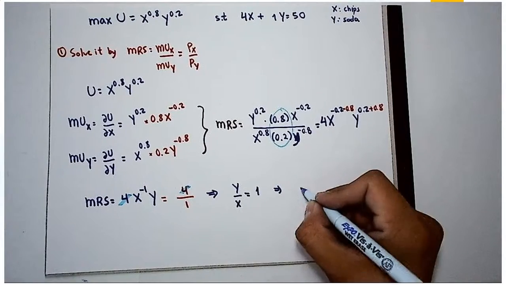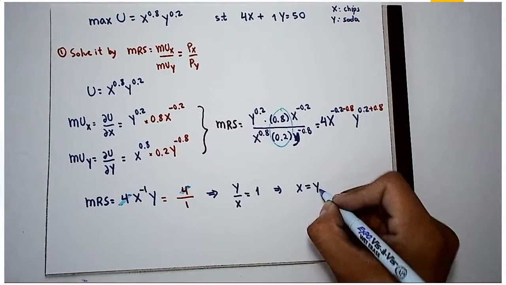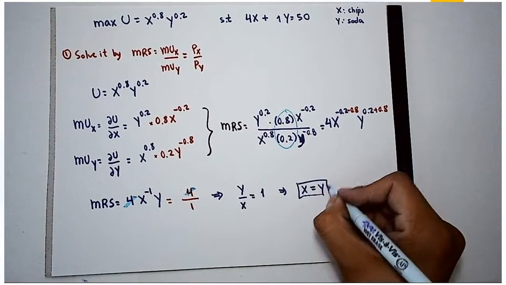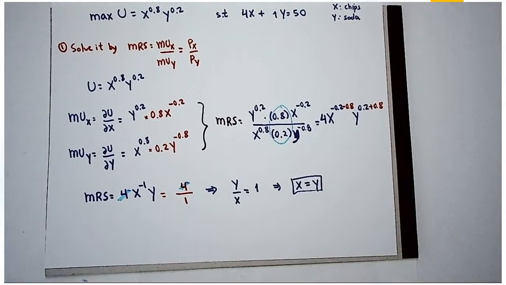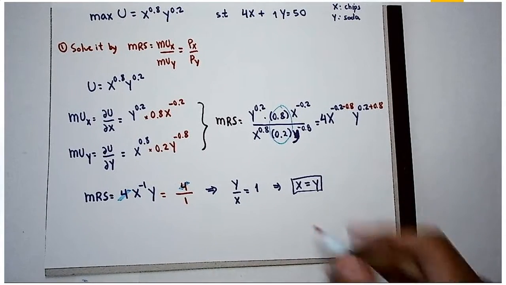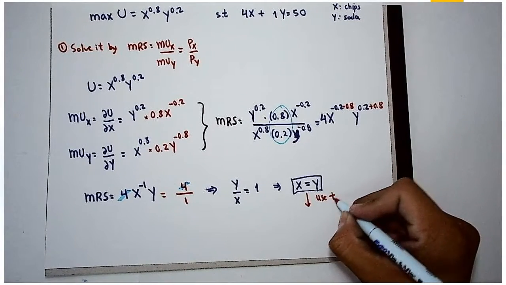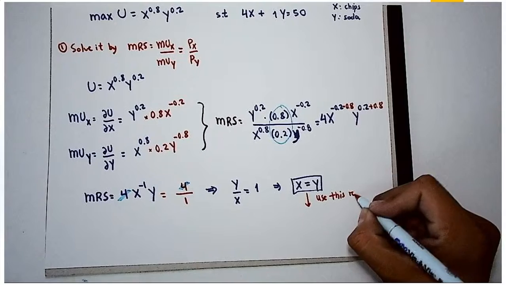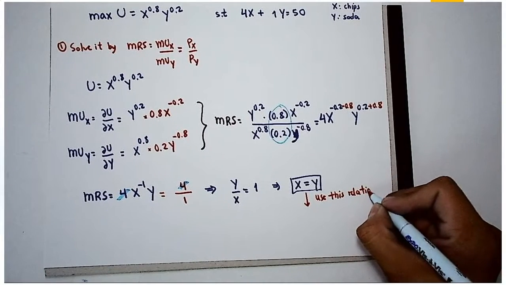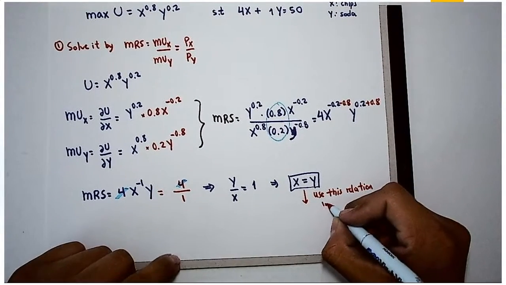In other words, x and y are equal. And then to solve this problem, we use this relationship in the budget constraint.